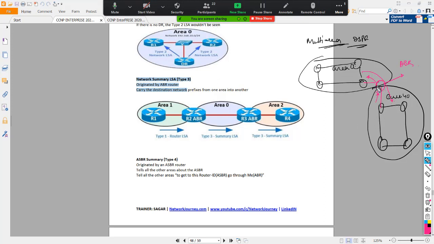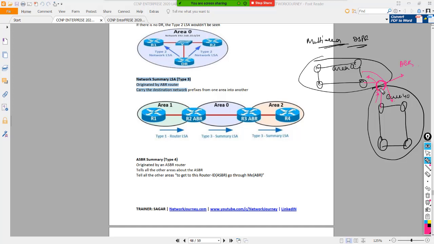So this ABR is going to generate something called network summary LSA. Now what is network summary LSA? It will be generated by ABRs. In this case, this is an ABR, area border router. This ABR is going to tell that we have so and so many links inside area 40.